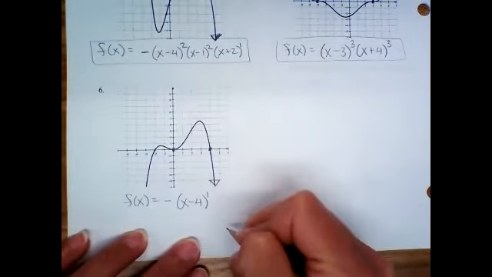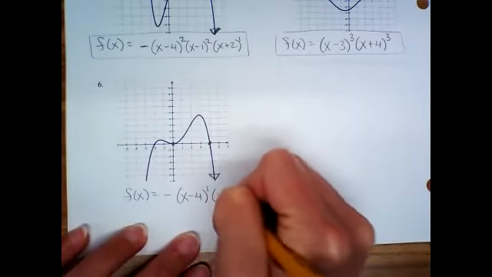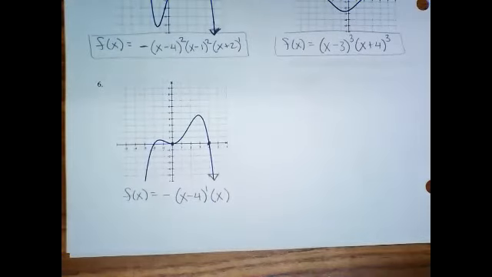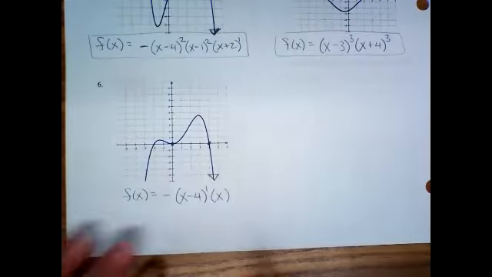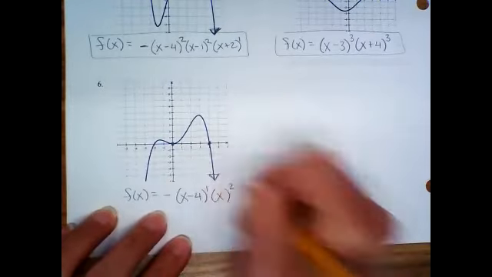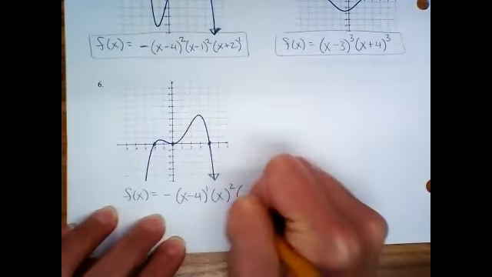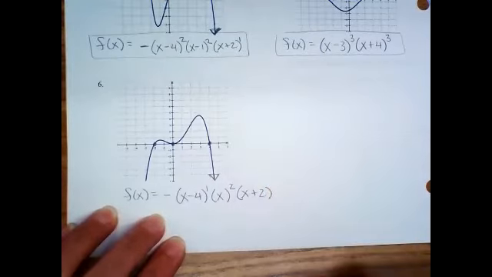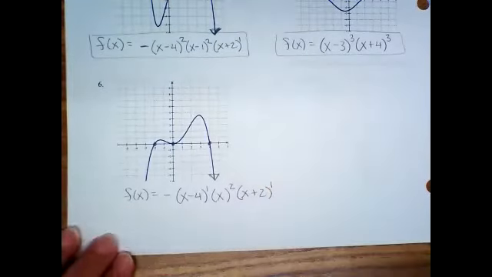It's at the origin, so it would just be x. Putting x minus 0 is totally fine, but x minus 0 is just x. And then what power will that have? Good, squared. And then for negative 2, we'll have x plus 2. And again, it's just crossing straight through, so to the first.